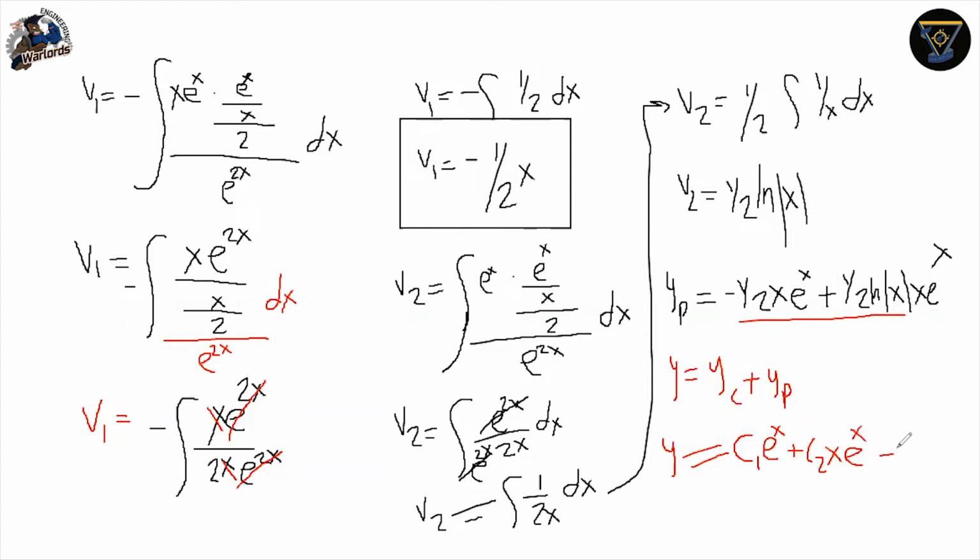So this is going to be minus a half x multiplied by e to the x plus a half ln x, and it's been multiplied by x e to the x. And that is actually your final answer using the variation of parameters.